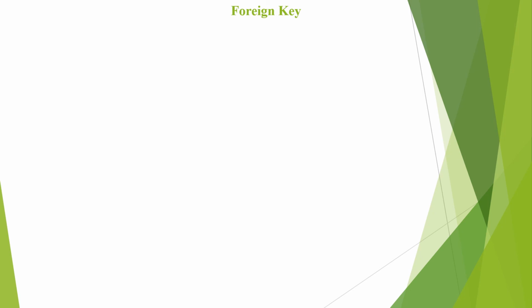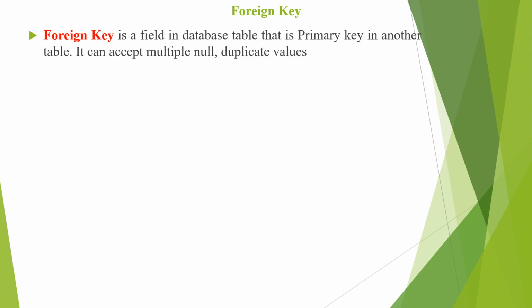The last key type is the foreign key. The foreign key can be defined as follows: a foreign key is a field in a database table that is a primary key in another table. It can accept multiple null as well as duplicate values. A foreign key is used to refer from one table to another table, to provide the relationship between the two tables.